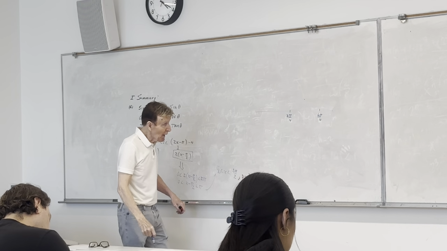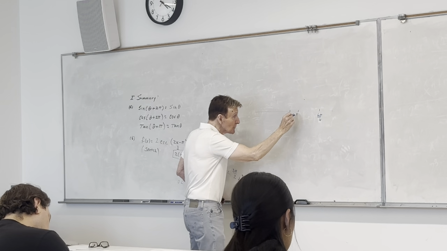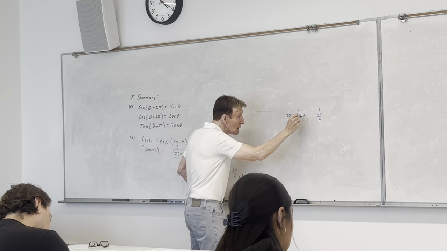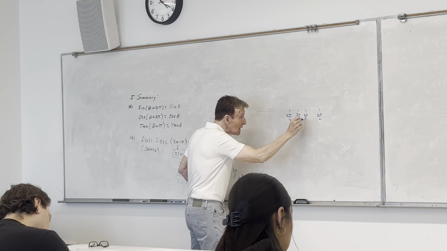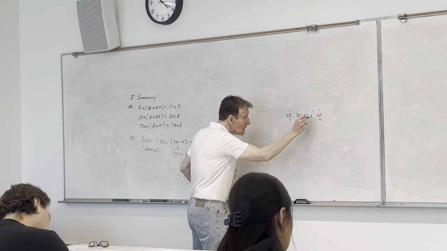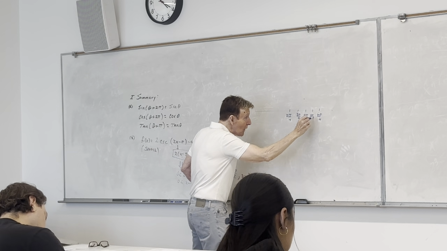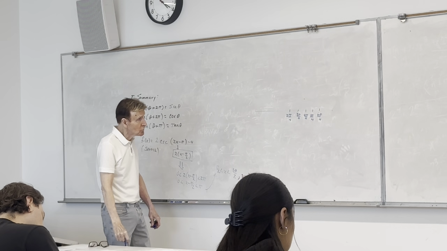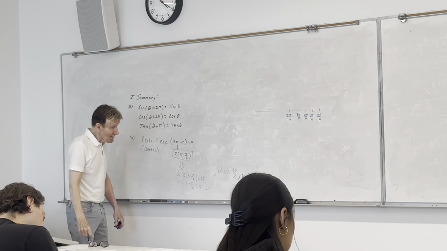And I'm spacing by pi over 4. So we have 3 pi over 4, 4 pi over 4, and a 5 pi over 4. Is that true? Here we go. That's done.